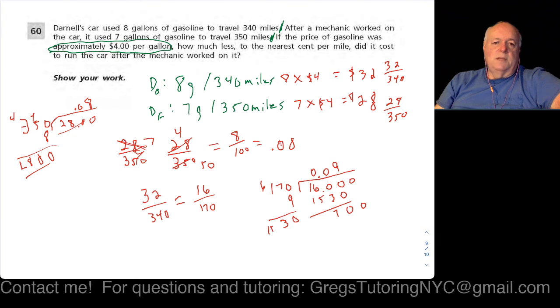Okay, so that's going to keep us at 9 cents. So this is 9 cents if I did that right. And it's saying how much less. So basically we have 9 cents minus 8 cents equals 1 cent, 0.01, or 1 cent.